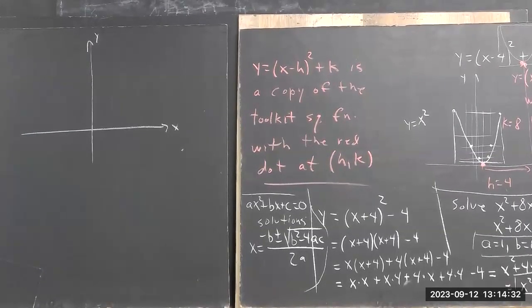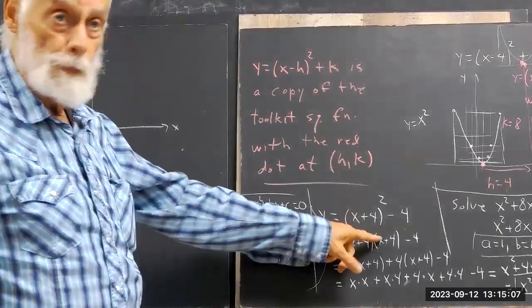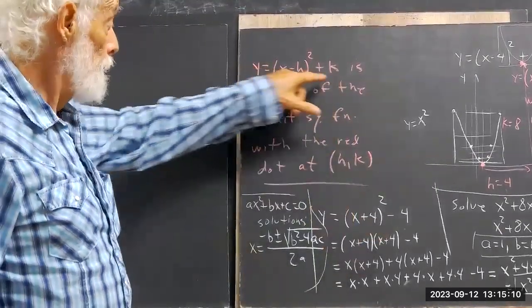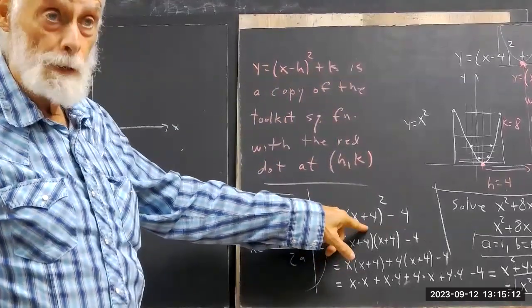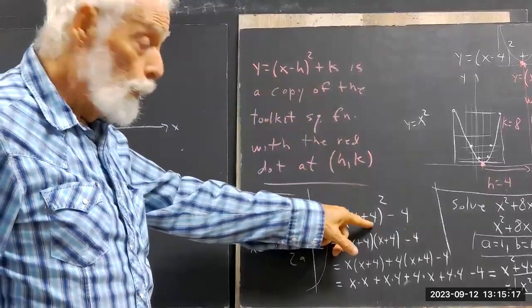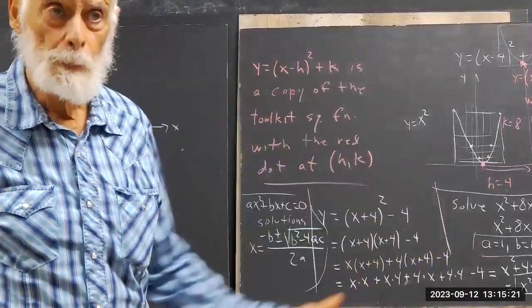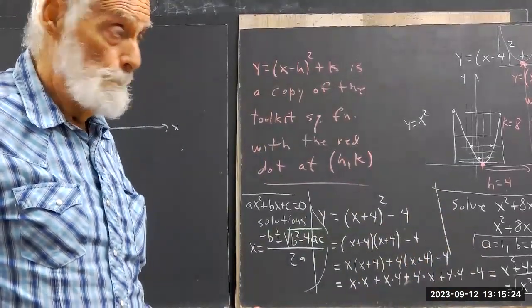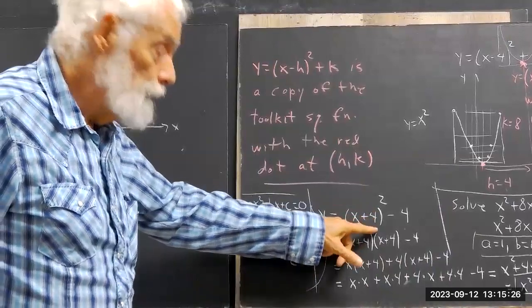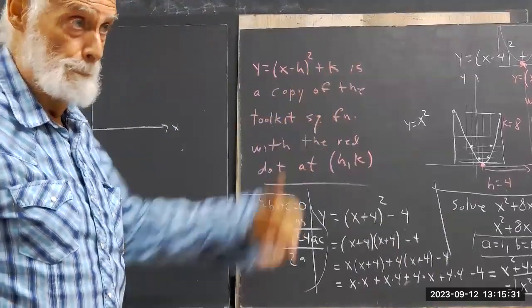What's the value of H? Okay, got a good answer there. The question that I asked is, what's the value of H for this function? This form is always the form. H is -4, because there's a negative here. If you say H is 4, then you have to have x minus 4, and that's going to lead you wrong on where you put the graph. H is -4, because if H is -4, then -H is +4.